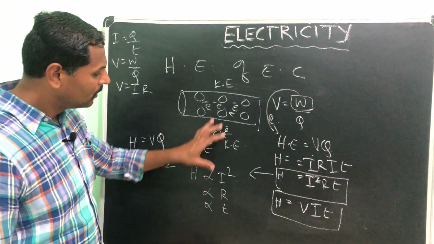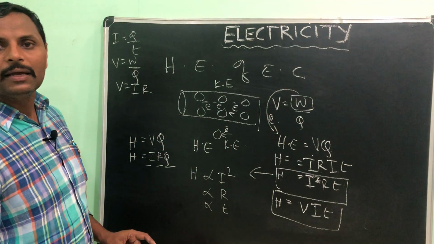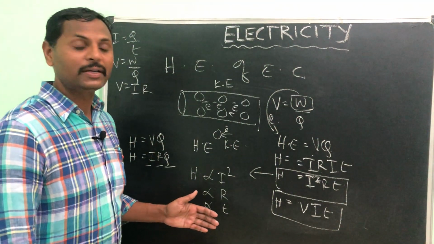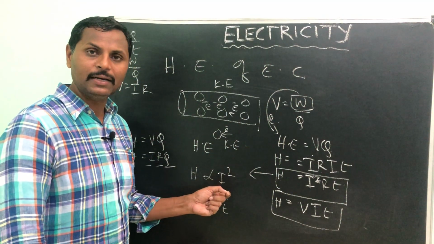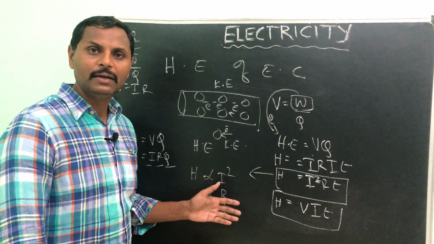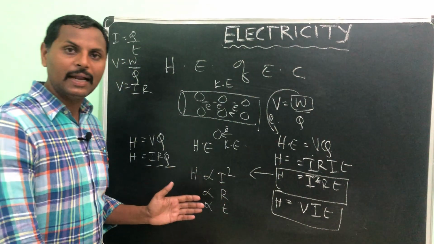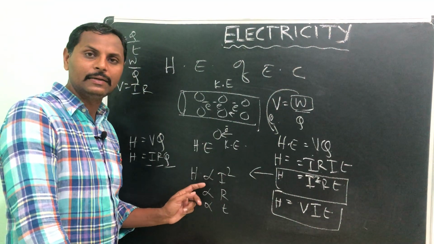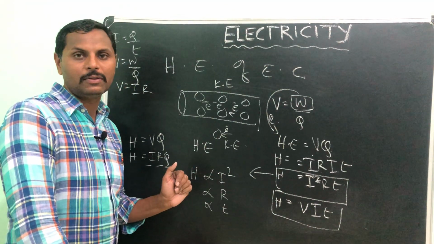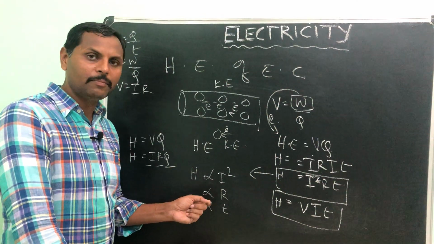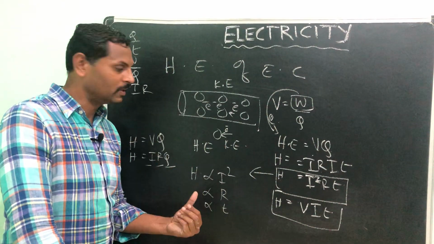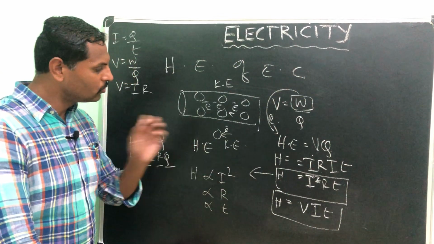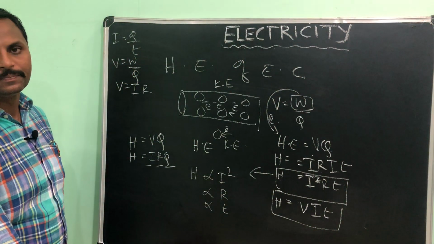Okay. So, these three are the Joule's law of heating effect. If they ask you, simply you write Joule's law of heating effect that says that heat is directly proportional to the square of the current and directly proportional to the resistance and time for which it is circulated. Okay.